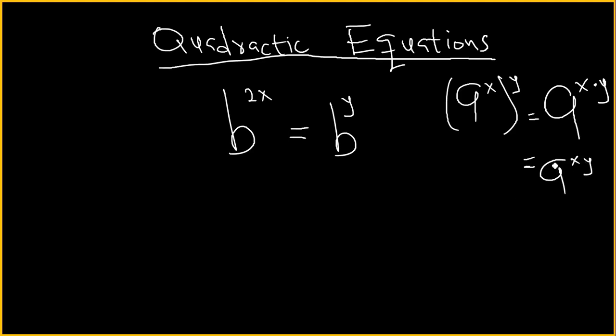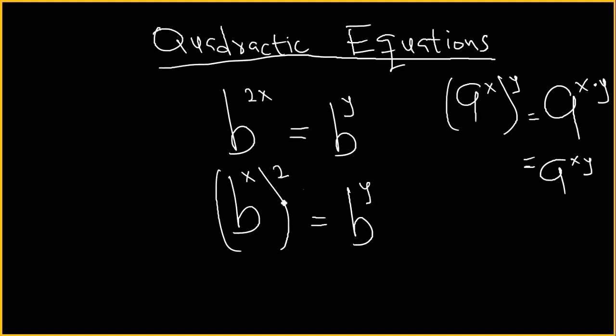Looking at this condition, b raised to the power 2x also has a power multiplying another power, so it is 2 multiplying x, similar to this one. So we resolve it this way. This could be rewritten as b raised to the power x, all multiplied by 2, equals b to the power y.